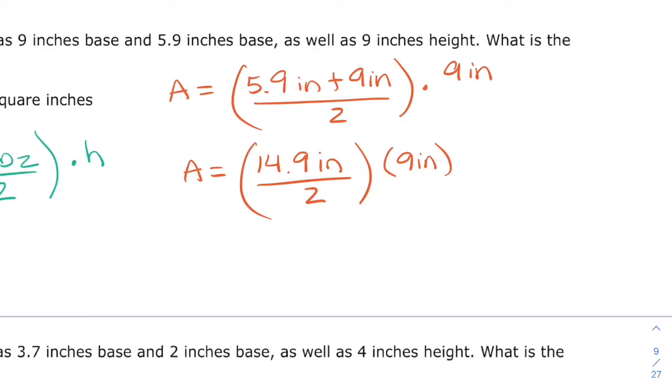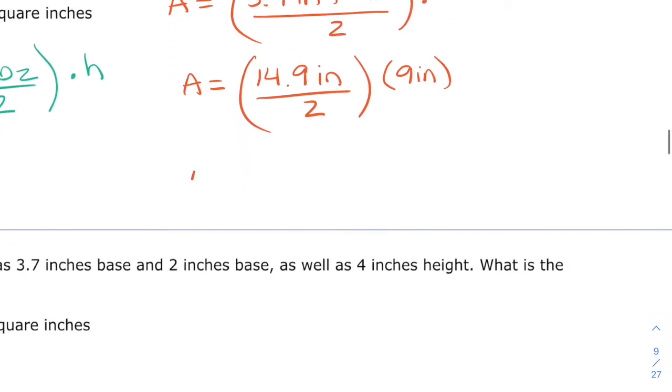So 5.9 plus 9, and then divide that by 2, so I get 7.45 inches times 9 inches.